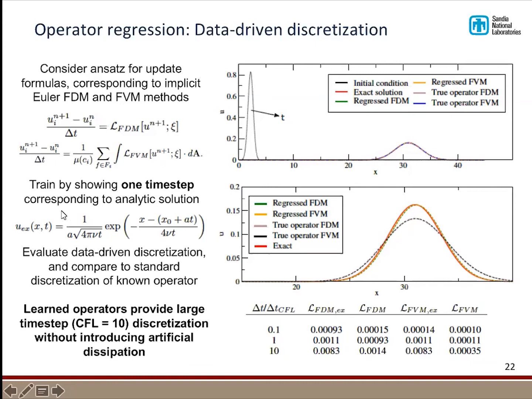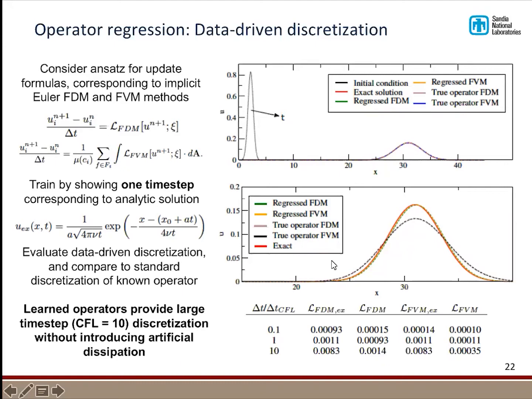So for both of these, what we do is we look at the exact solution to the advection diffusion equation. We evaluate that for a single time step, and then we use that as our training data. And what we pull out defines 2 different methods, and then you can integrate those methods for a long time.